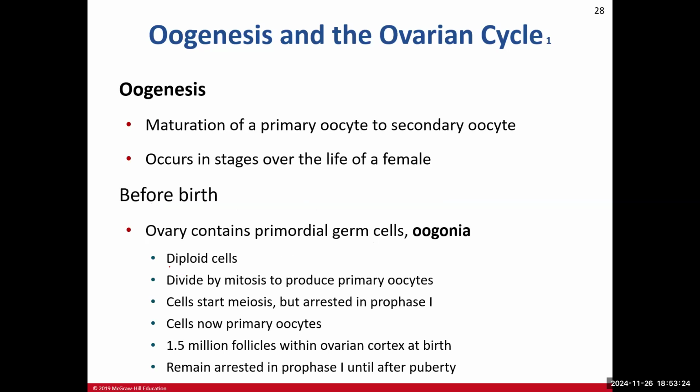Those primordial cells are going to contain diploid cells. And what's a diploid cell? Yeah, you're going to have 46 chromosomes there. If diploid cells engage in cell division, you'll have mitosis, which means the parent cell is going to provide you with 2 daughter cells that have the same number of chromosomes.